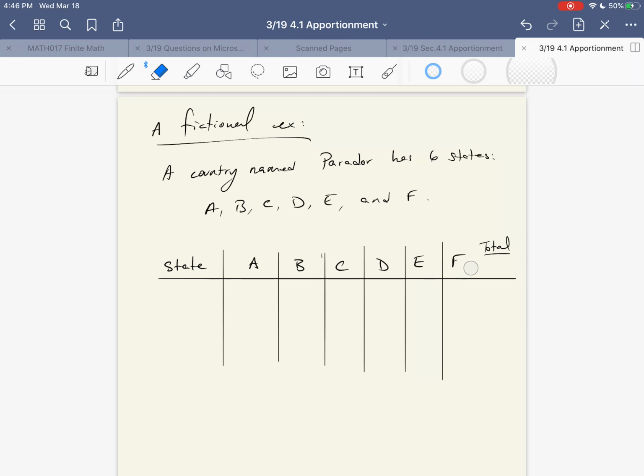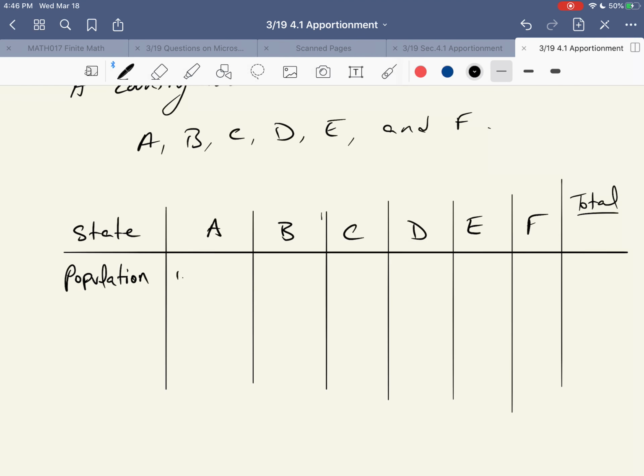I'll get rid of this little line and try and make a nice straight line. Okay. And on the next line, I will write their populations. So the population of the first state is 1,646,000.